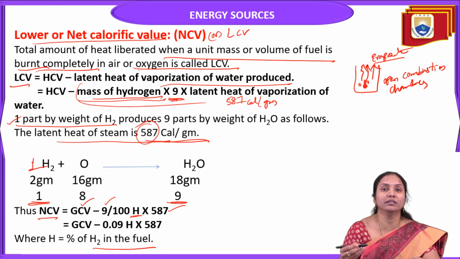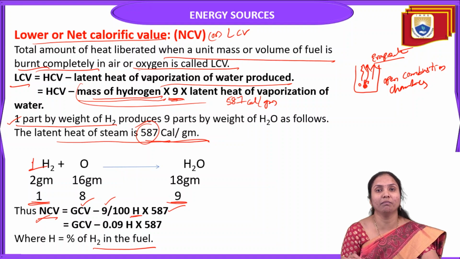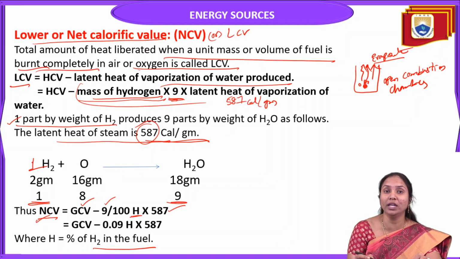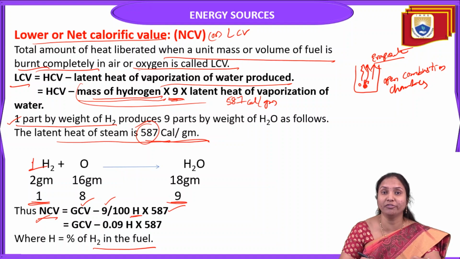So how can you calculate this lower calorific value, or net calorific value? NCV equals HCV minus 9 by 100 H into 587. In this case we consider only how much heat is liberated when a unit mass of fuel is burned. We cannot consider the latent heat of vaporized water.